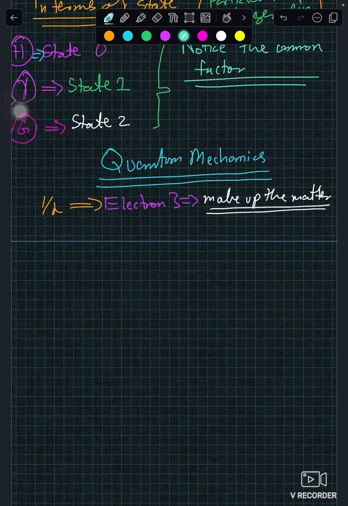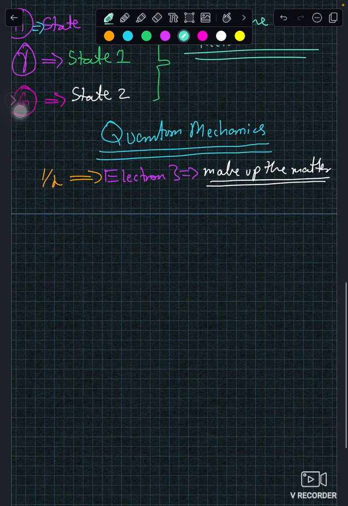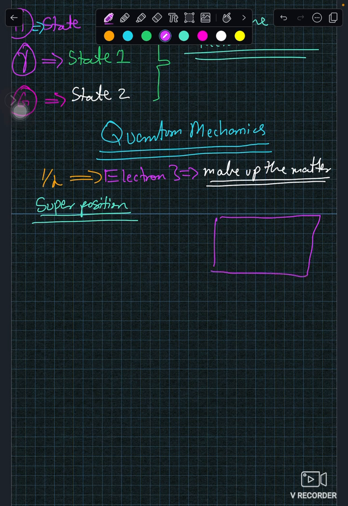Now how it works. For this we need to know something known as superposition. What is superposition? It is being in multiple states at once. And for this half spin, I want to make an abstract space.